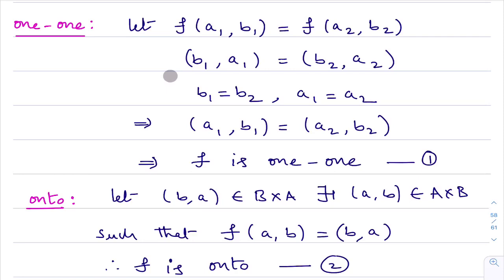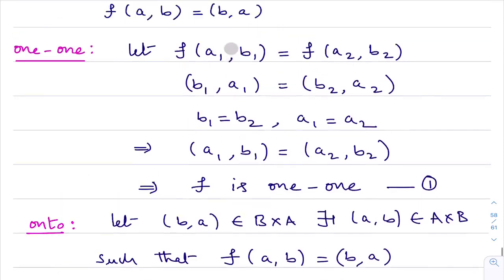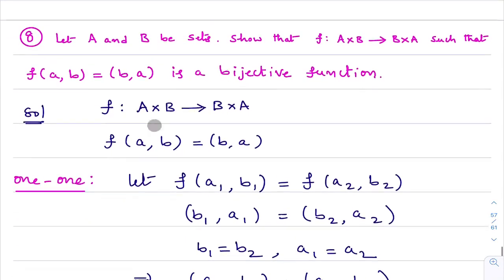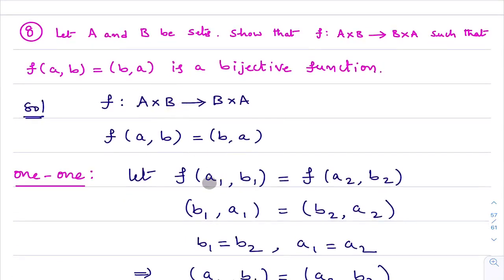First we will consider f of x1 equal to f of x2. But here, in place of x1, the ordered pair will be there. Order pair, first element belongs to this set. Right? (a1, b1), (a2, b2). I hope you are understanding. I considered 2 elements in A cross B.